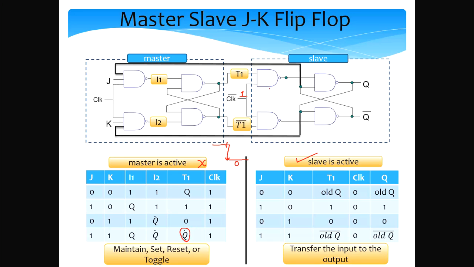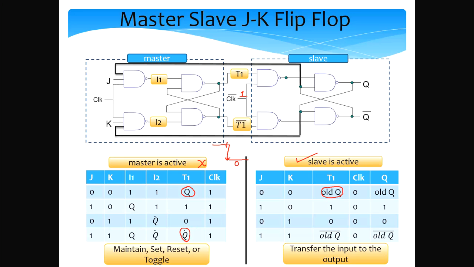So let's consider the value of T1 and T1 bar. Essentially, we are either trying to set or reset the SR latch. What did we have when J and K were 0? The value of T1 as Q, but that was in the previous clock cycle. So let's refer to it in the current clock cycle as old Q. Which point of time are we considering?